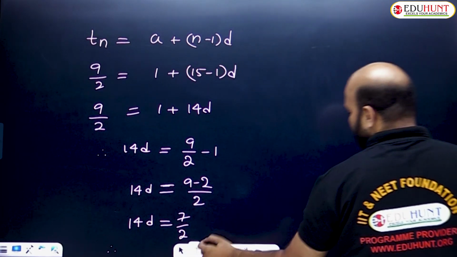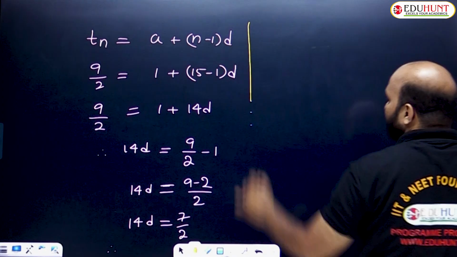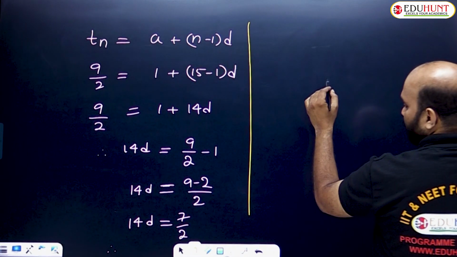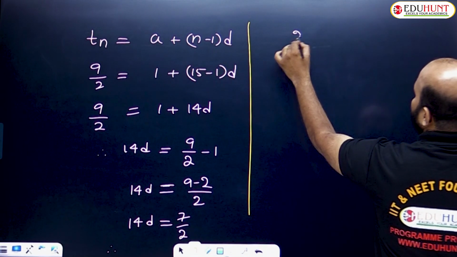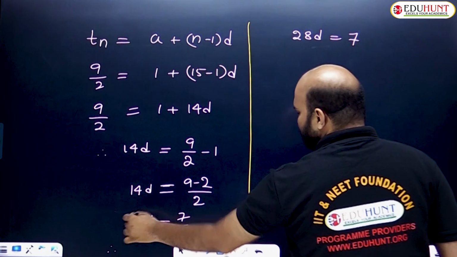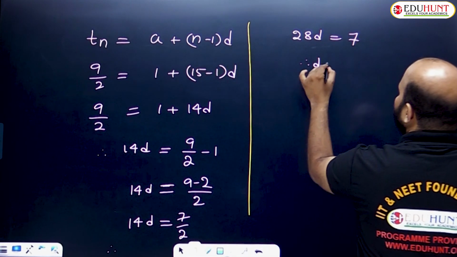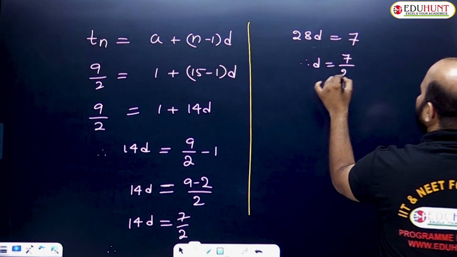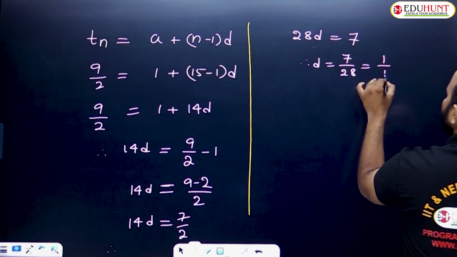By cross multiplication, 14 2s are 28D equals 7. Therefore D equals 7 by 28, nothing but 1 by 4.